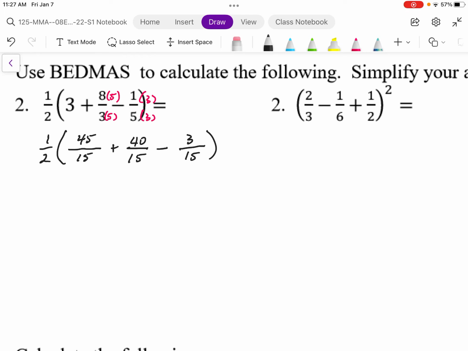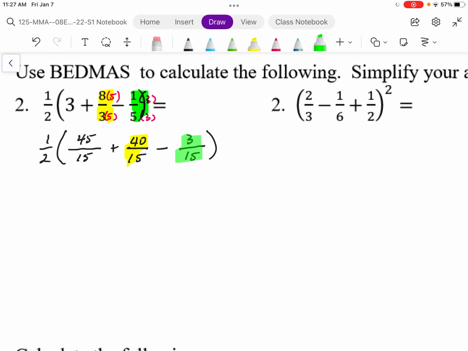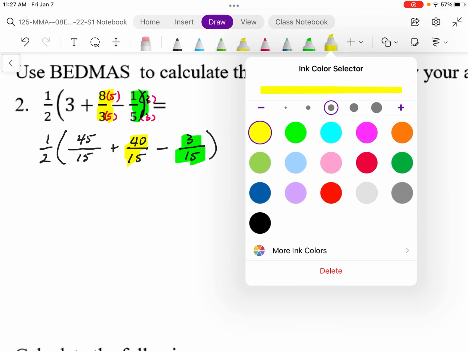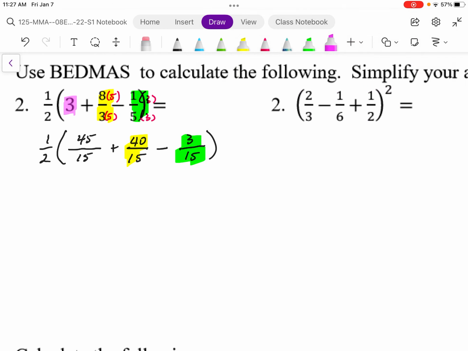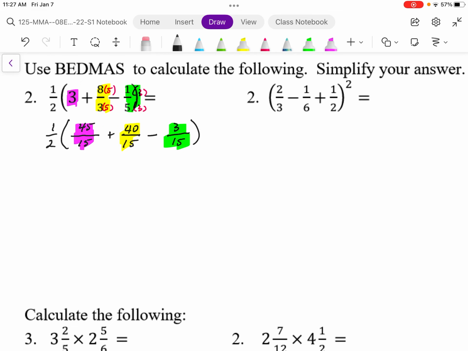Just to kind of highlight these here, this here and this here go together, and I just wanted to get a different color here. So this here and this here match, and we have this matches this part here. Okay, so we have all these matching parts.